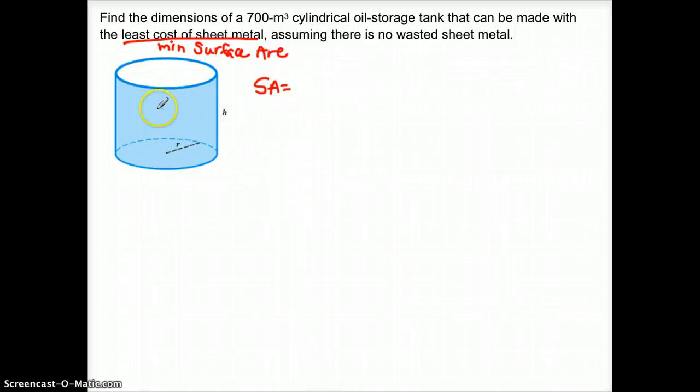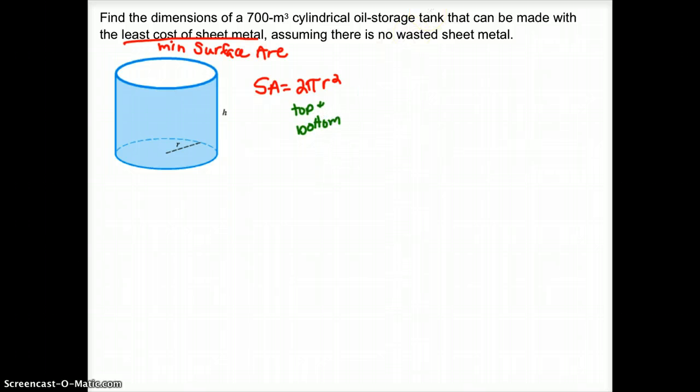So we're going to do the surface area for the sides and the top and the bottom. That means we've got to find the area of the top and the area of the bottom, and those are both the same, and they're just circles. The area of a circle is pi r squared, but remember there's 2 of them. So for the top and the bottom, it's going to be 2 pi r squared.